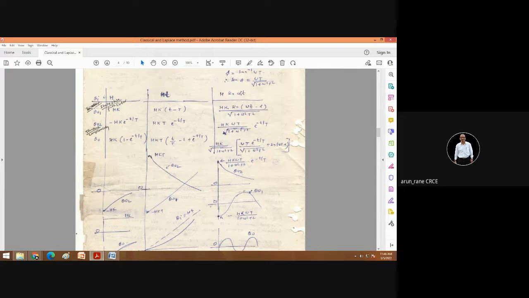Now come down. Theta O1 is nothing but the steady state response. If my step input is H, then my steady state response theta O1 is Hk, where K is the gain.